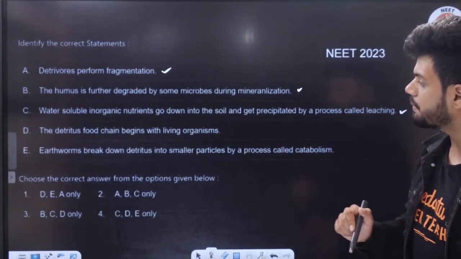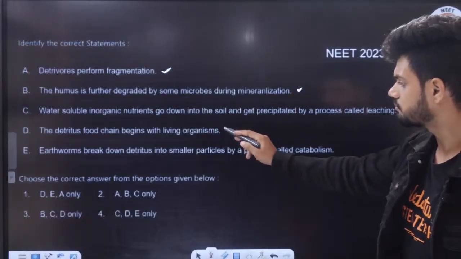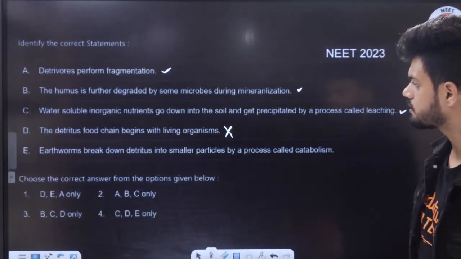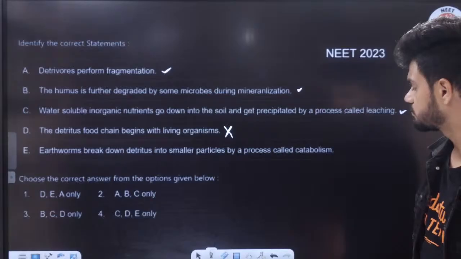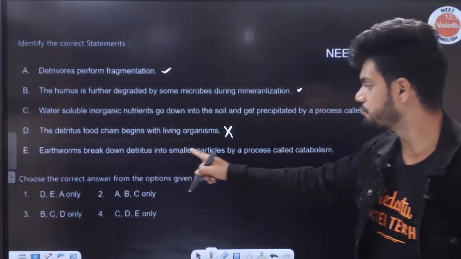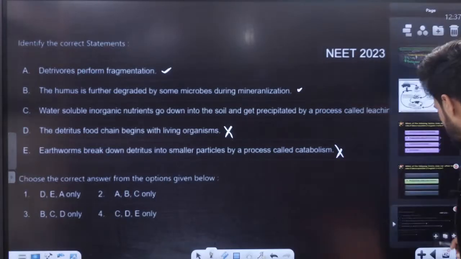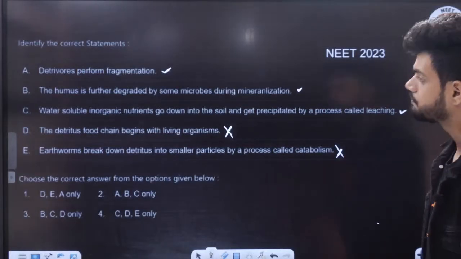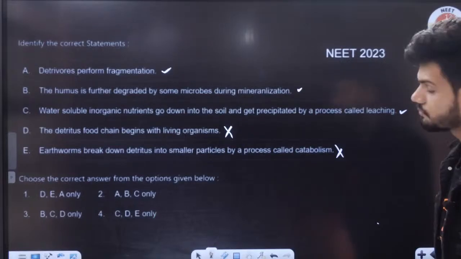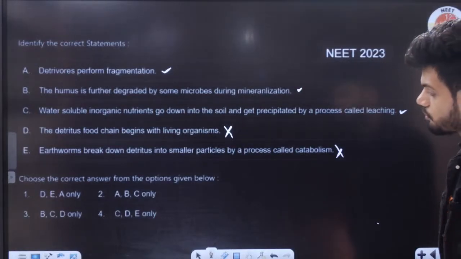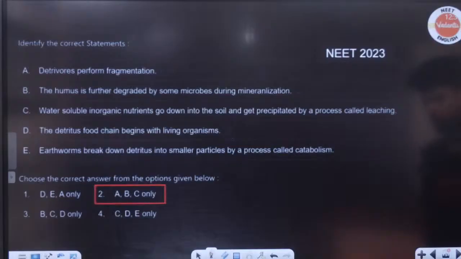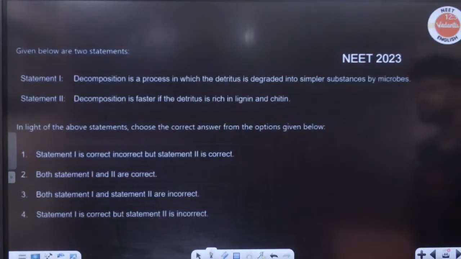Detritus food chain begins with living organisms? No, it does not. Earthworms break down detritus into small fragments by a process called catabolism? No, that is called fragmentation. So what is the answer? Option number 2, A, B and C only. Next question.